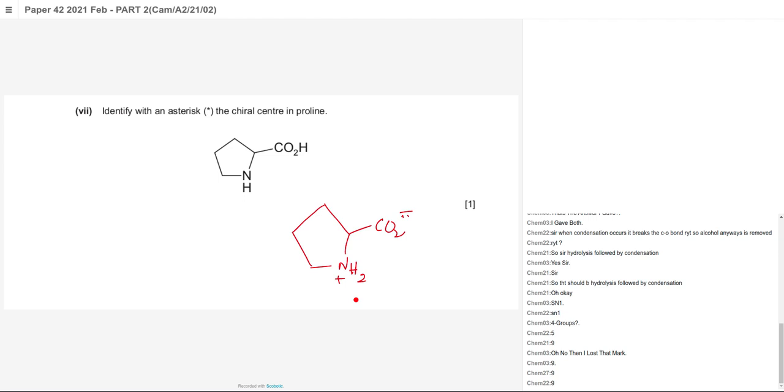Amino acids exist as zwitterions. The carboxylic end can deprotonate and form the anion, and NH takes H plus. Only proline is a cyclic amino acid. This is a zwitterion.